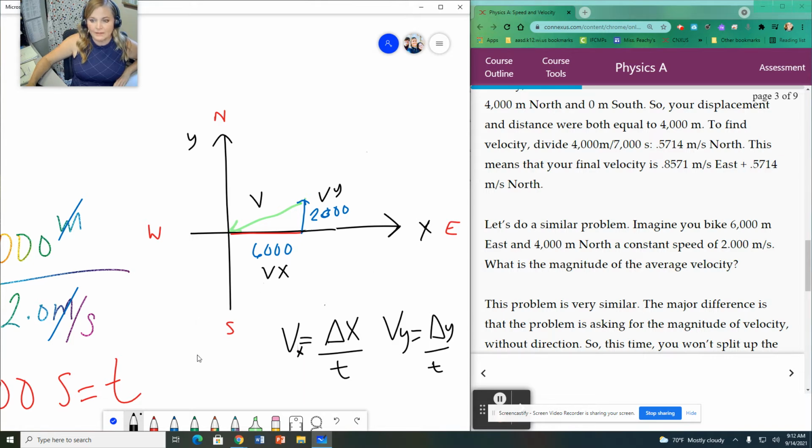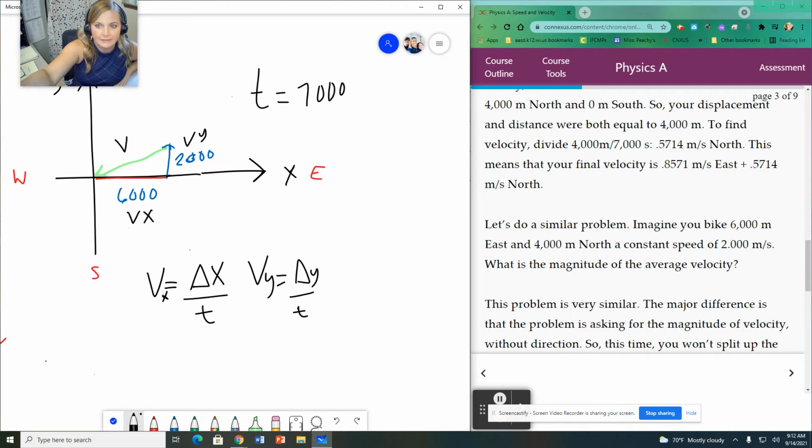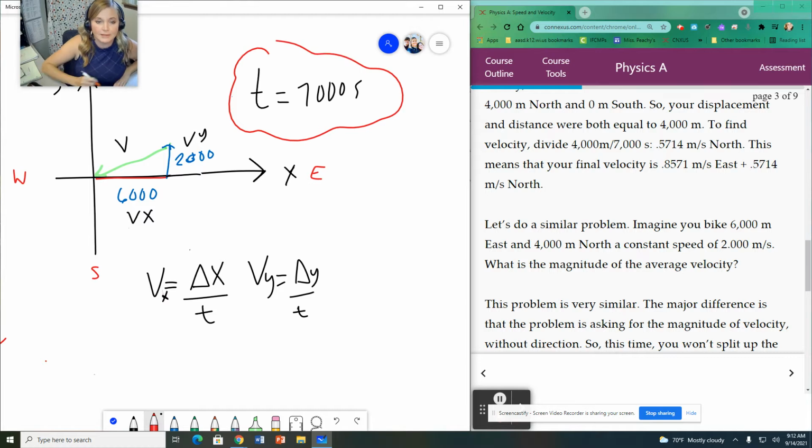So we can calculate the x and y components of velocity using that. We know that time, as we calculated earlier, was 7,000 seconds. So we calculated that when we did our speed. So that didn't change. But we do have two different equations we have to solve for.